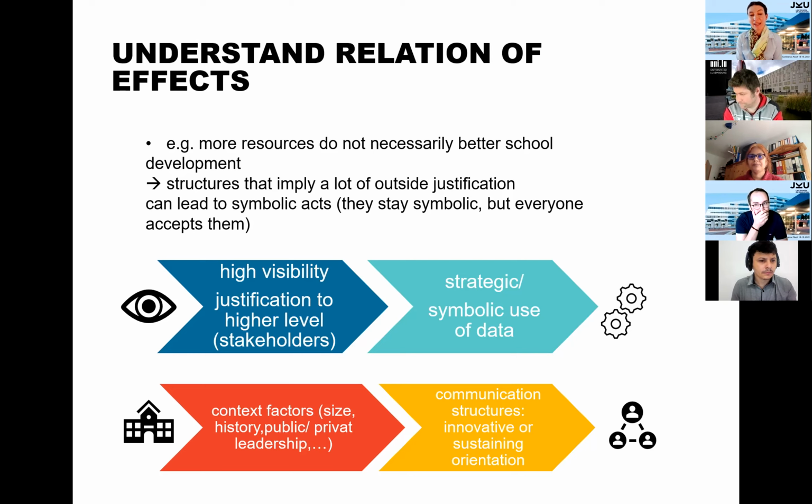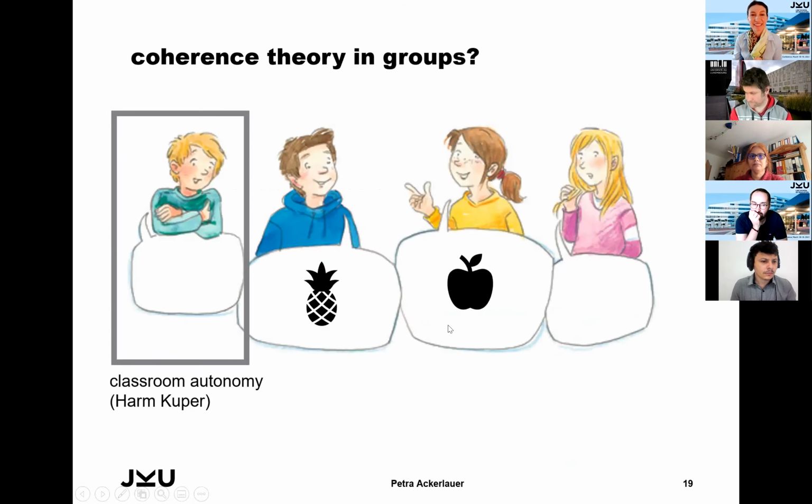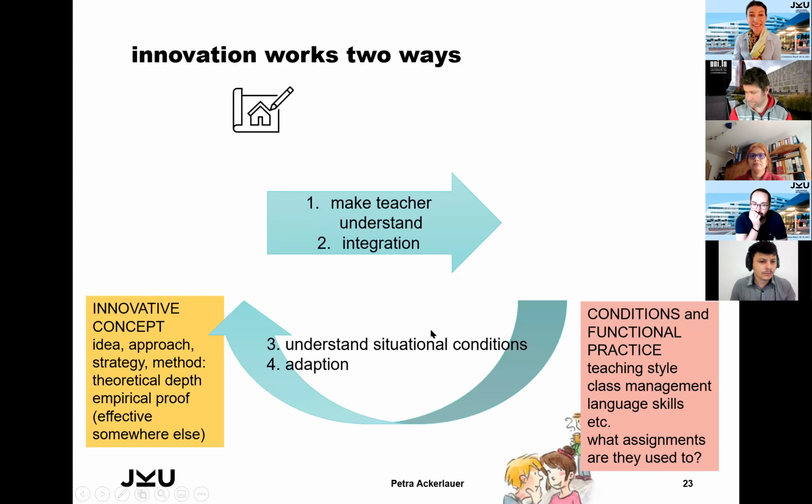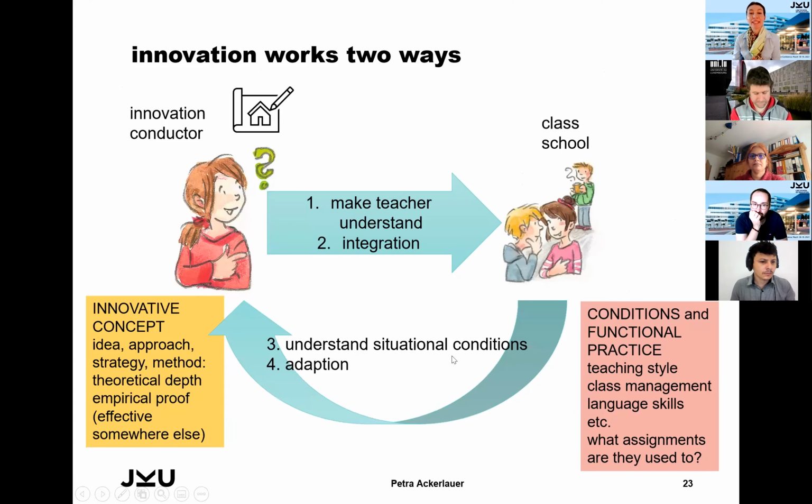If you want to go with innovations, sometimes the best idea can crash when the structures in the school you want to work with are just not fitting. So I just go to my last slide. To make this work, the innovation has always to work in two ways.